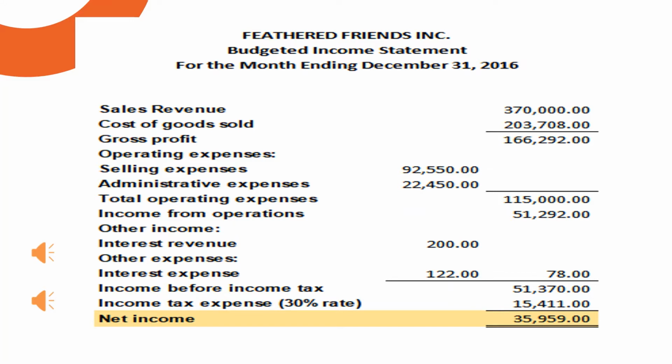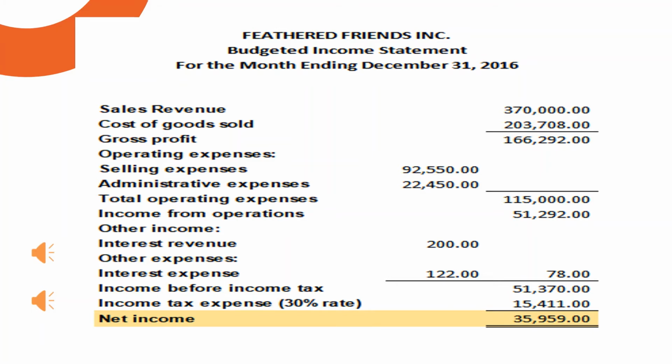In continuation to that, we have another income of interest revenue of $200, but we also had other expenses of $122 from interest expense. So you have a net effect of $78. So that would give you income before income tax of $51,370. Next is you deduct your income tax expense, which is 30% of your income before income tax.